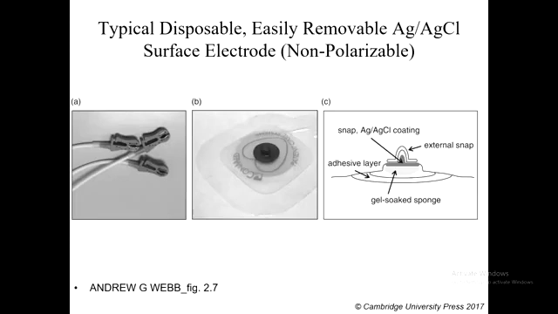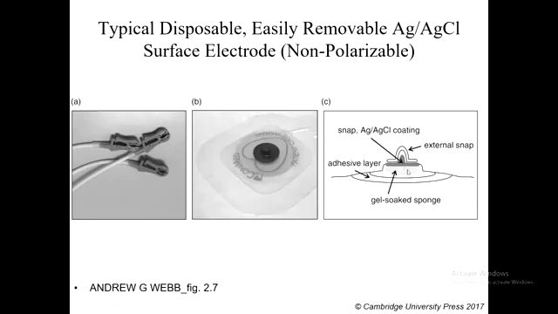And you know what they're like. You've seen them. They look like this, the little clip-on ones, clinical clips or useful alligator clips that you can put onto this button type. You've seen them before. You know how they go. Adhesive layer. The button type, we can just press fit the external snap to it and away we go.